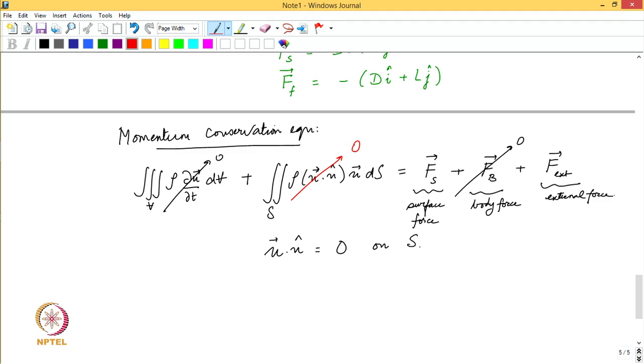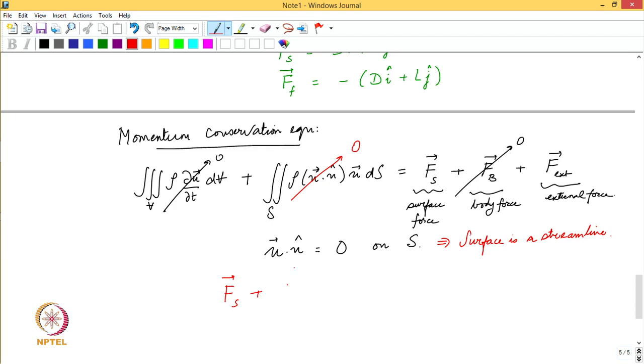It also means, by the way, that since u dot n is 0, the surface is a streamline. We should never forget this, and I will use this fact in a few minutes from now. Okay, so, the body is stationary, u dot n is 0. So, we can finally write our momentum equation as F s plus F external. Now, what was F external?